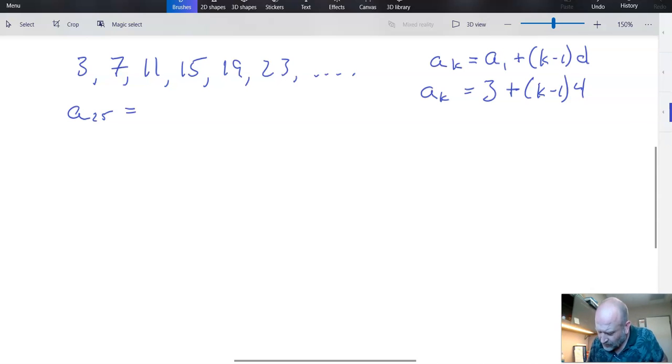Now, I do want to point something out because I'm writing it in this form. Sometimes you see these sequences, they get kind of meshed around a little bit. Like this might be difficult to plug things into for whatever reason. So you decide to go ahead and distribute the 4. Right? And then collect your like terms, and I end up with -1 plus 4k.